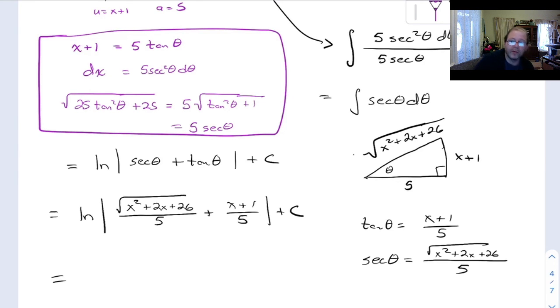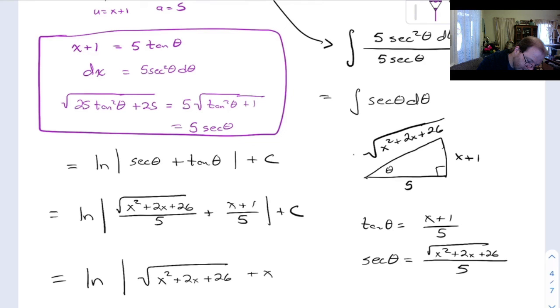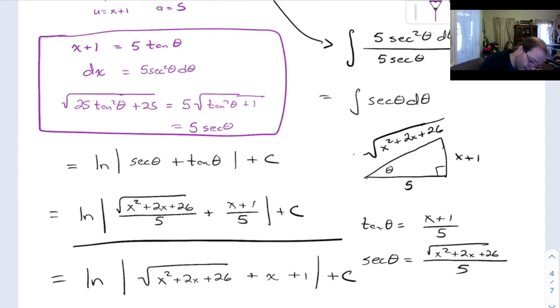And then we can use logarithm rules to eliminate that 5. So we've just got the natural log of the absolute value of the square root of x squared plus 2x plus 26, then plus x plus 1, plus c. And that's our answer.